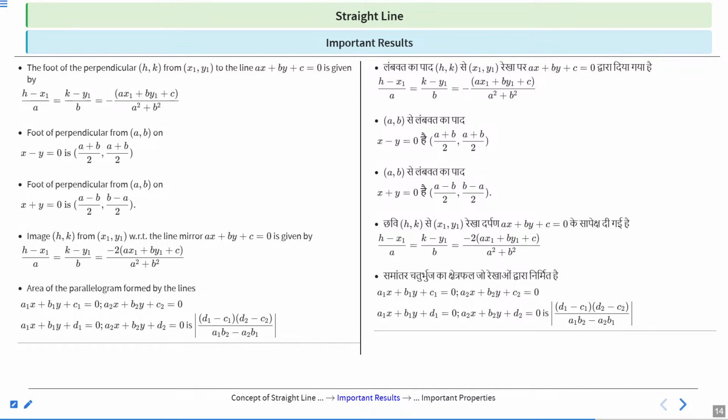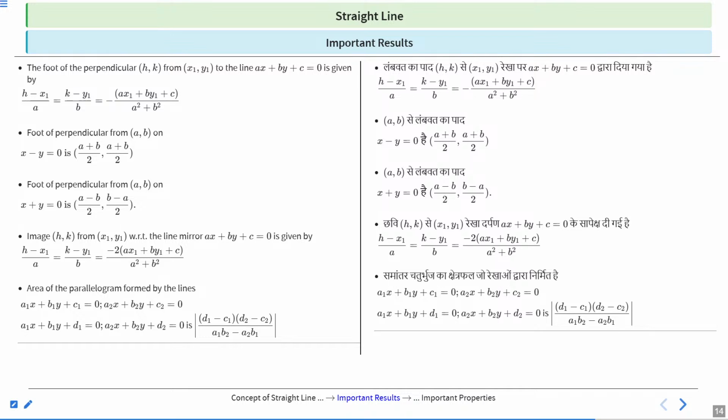The first is a1x plus b1y plus c1 equal to 0. The second one is a1x plus b1y plus d1 equal to 0. You can see the coefficients of x and y of these two lines are the same, so they are parallel. The next line is a2x plus b2y plus c2 equal to 0, and the next one is a2x plus b2y plus d2 equal to 0, and these two lines are also parallel.